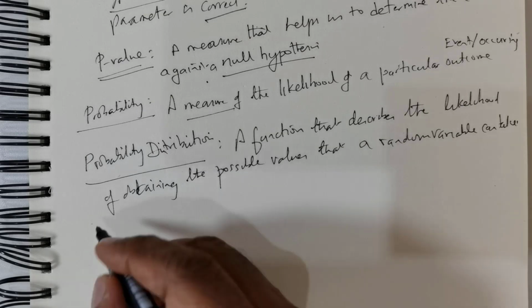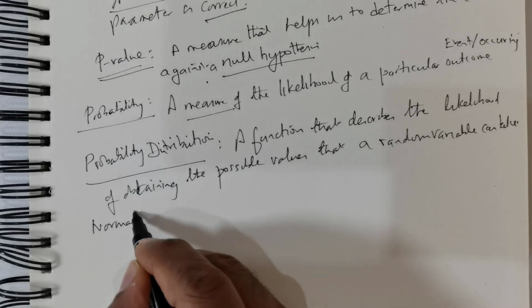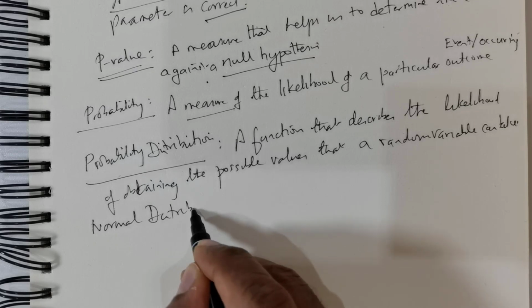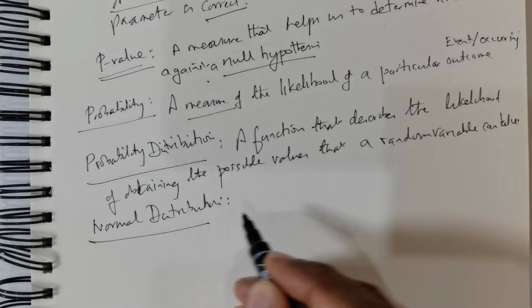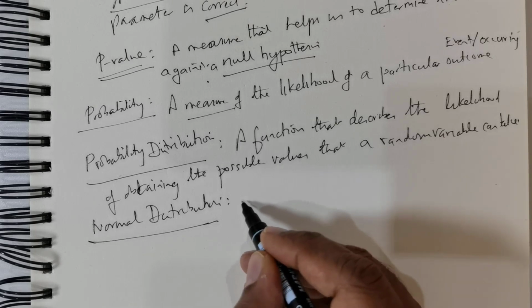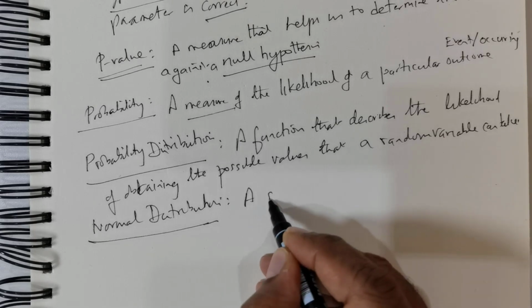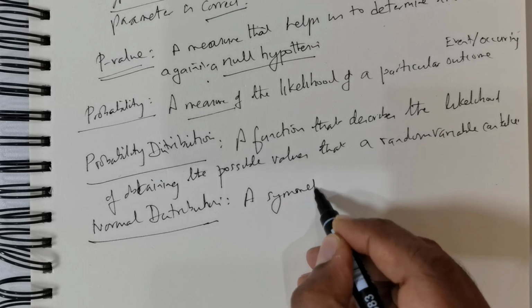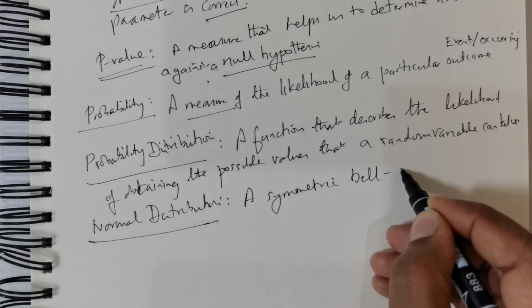So after probability distribution comes normal distribution. So what exactly is normal distribution? Now I know I am exhaustive in giving you these vocabularies, but after giving you these vocabularies I will further categorize them into groups, and then I will give illustrations in the form of problems so that you can understand each of these. Okay, so coming to normal distribution, it's nothing but a symmetric bell-shaped curve.